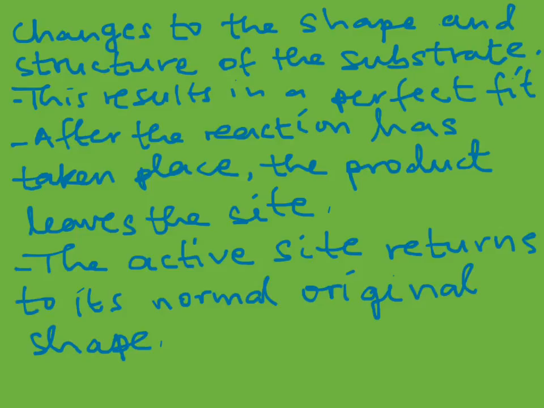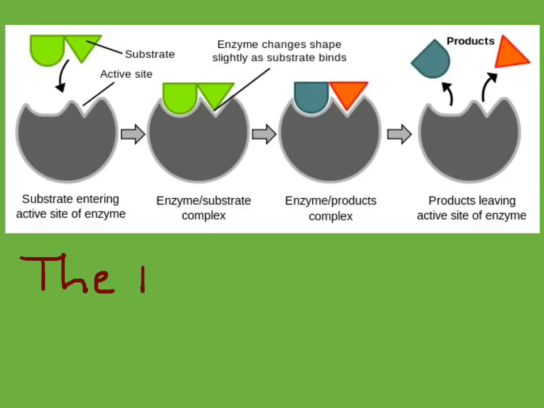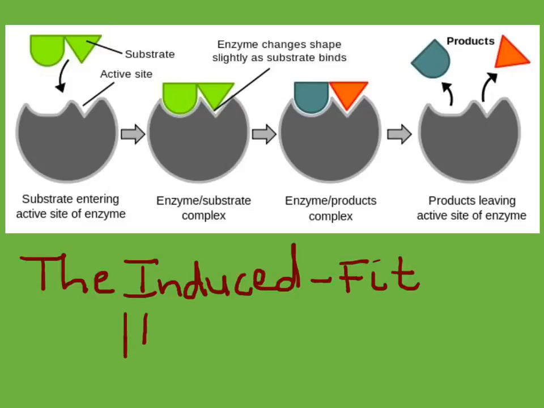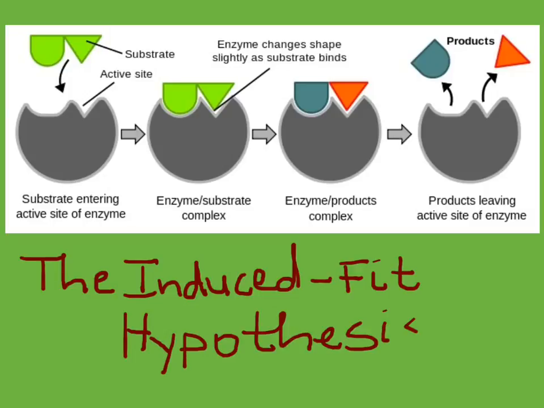You will now see this in the diagrams that follow. Now, when you look at this diagram, my dear students, I want you to observe the first diagram. There are 4 of them. Look at the first diagram. Look at the shape of the substrate, my dear students. Look at the active site of the enzyme.